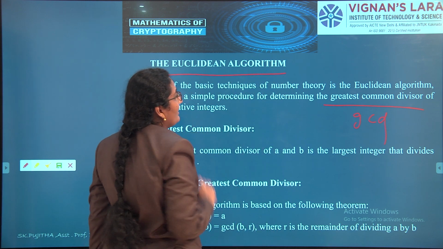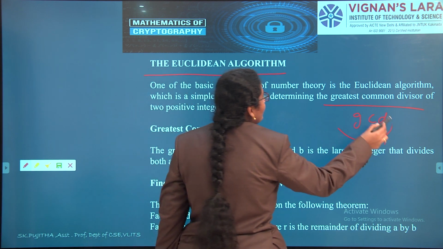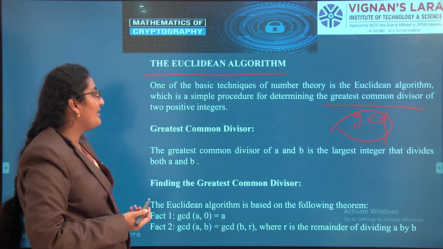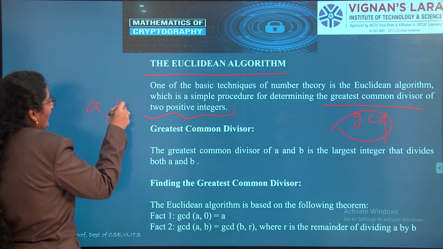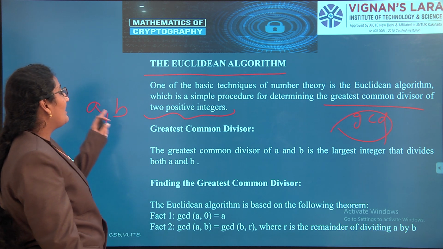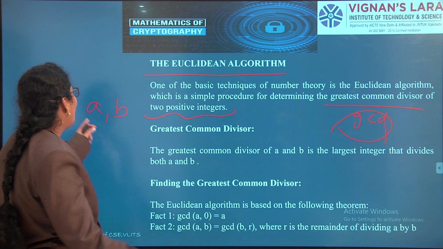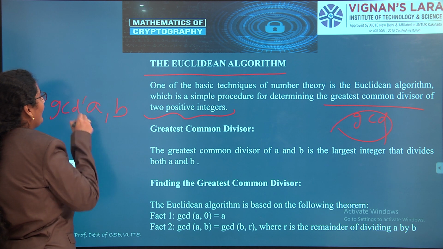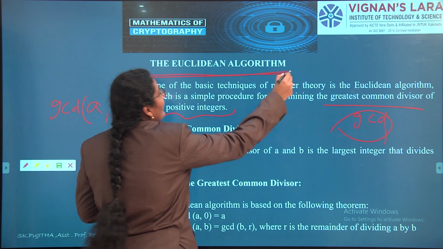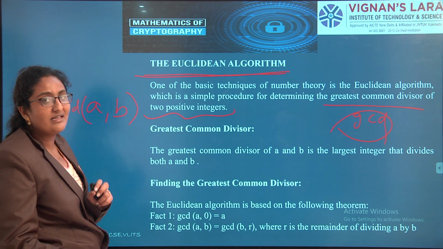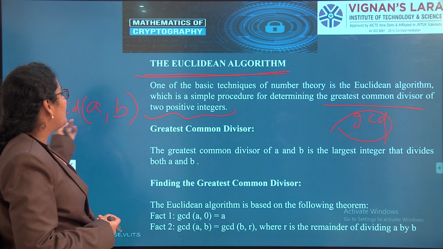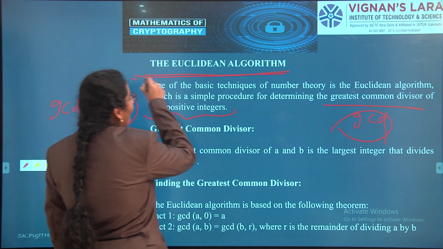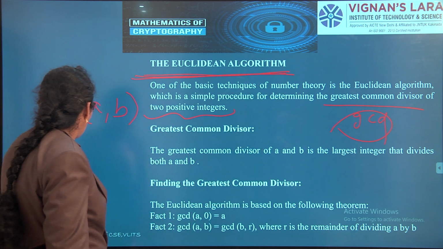This Euclidean algorithm is mainly for calculating GCD. For what it can calculate GCD? Two positive integers. The two positive integers are nothing but a comma b. If a comma b are two positive integers, to calculate GCD of a comma b, we have Euclidean algorithm.